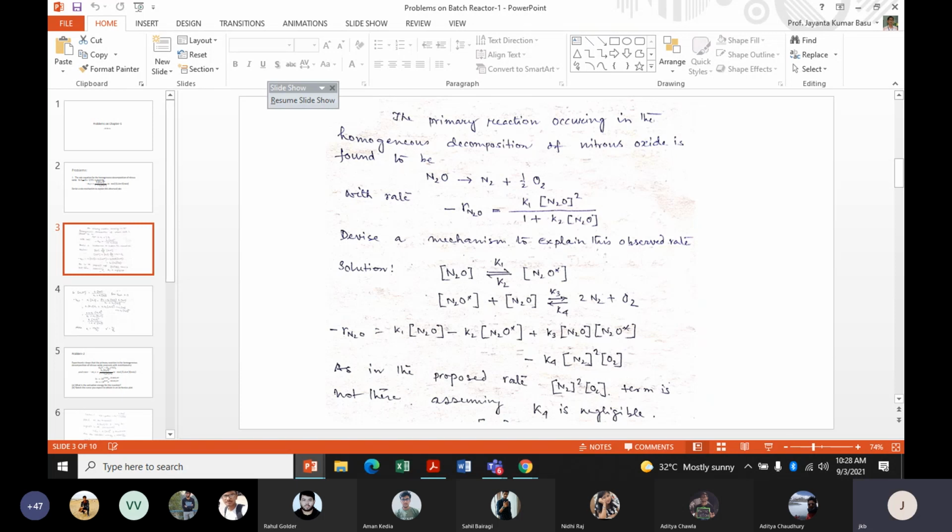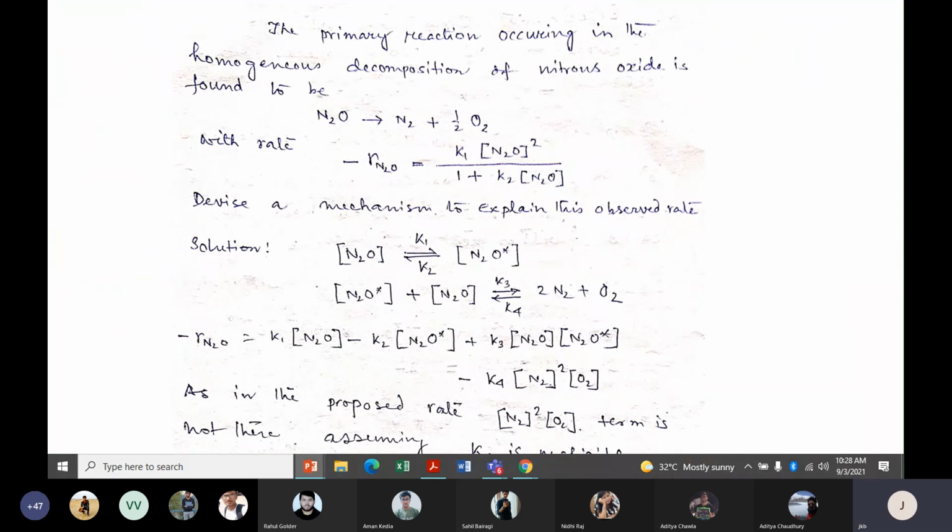I am going to slide show. So 4 terms are there coming from 2 steps, considering both forward and backward steps. As in the proposed rate, N2 square, O2 square terms are not there. So this K4 must be negligible.